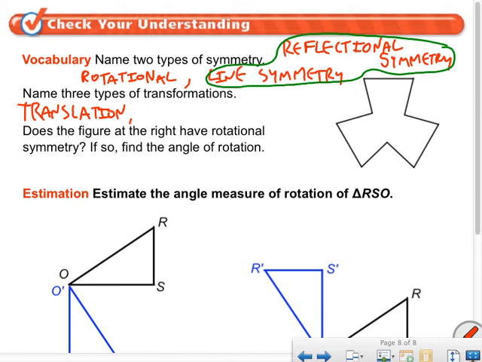Can I give you a big hint? The slang for it is a flip. Flip sideways, flip up and down. No, that's translation, because translation's got the SL in it. So slide would be a translation. A flip would be something else. Reflection. A reflection, yes.